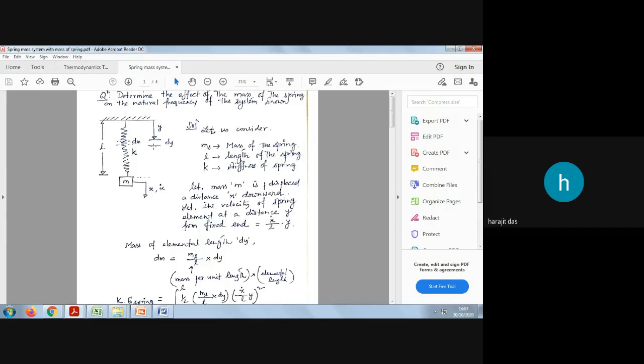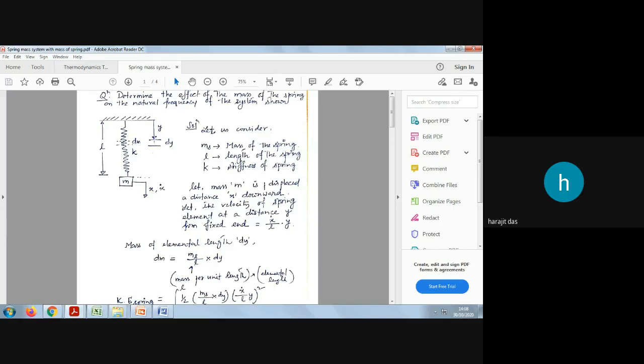So how do we find the velocity? For length L, the velocity is x dot. For unit length, the velocity will be x dot by L. And for a length of y, the velocity will be x dot by L multiplied by y.